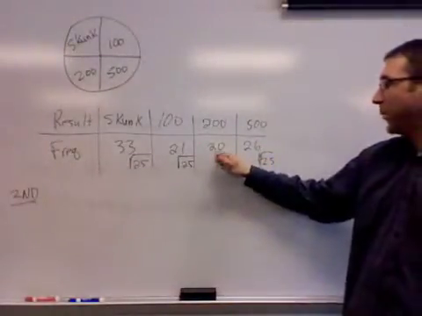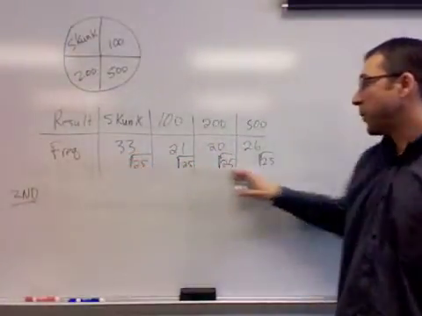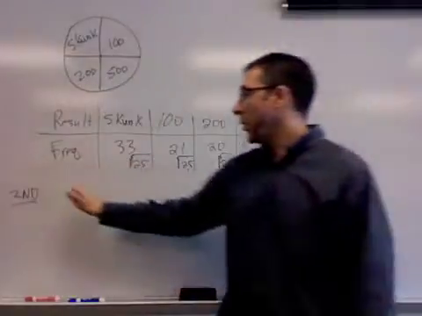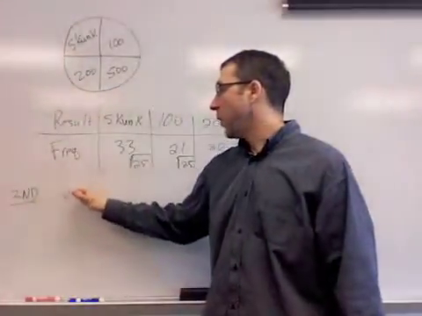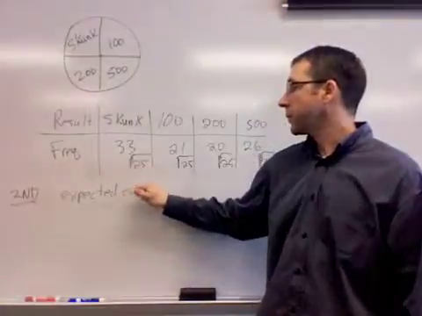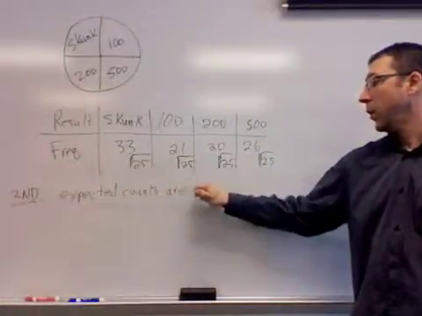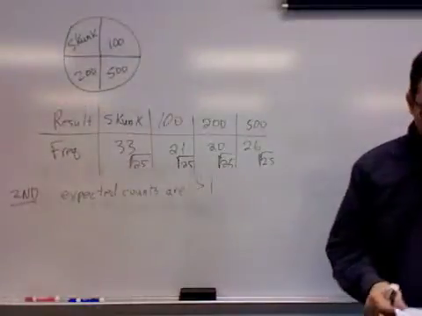Those look like radicals, but they're actually squares. So we can expect at least 25 in each area, so the expected counts are all greater than 1. So that's good news.